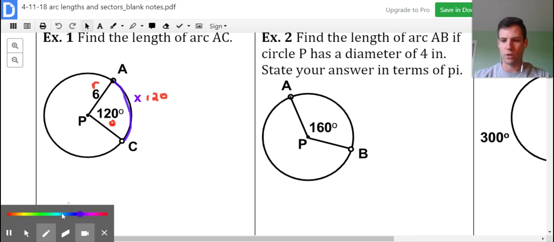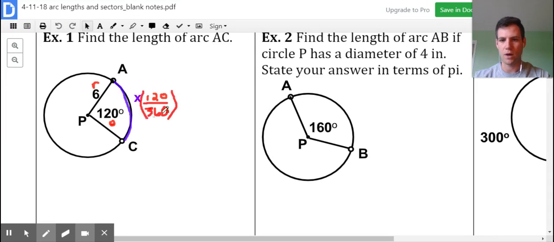We will do that by doing 120 over 360 in parentheses for the angle part, and then multiply by the whole circumference, which is 2 pi times the radius of 6. That ends up equaling approximately 12.6, rounded to the nearest tenth.